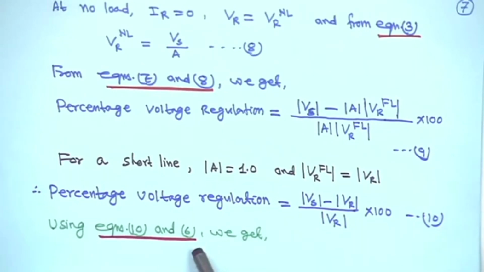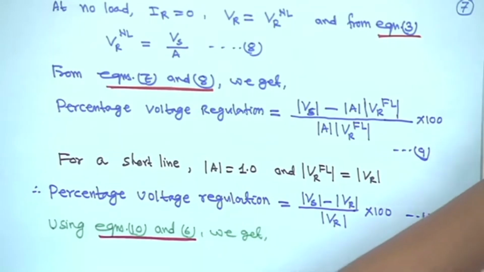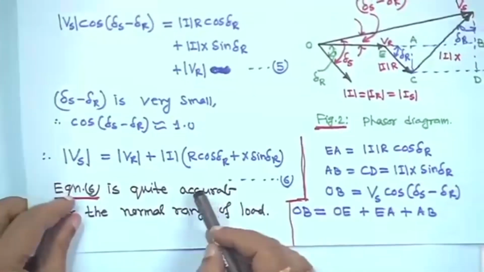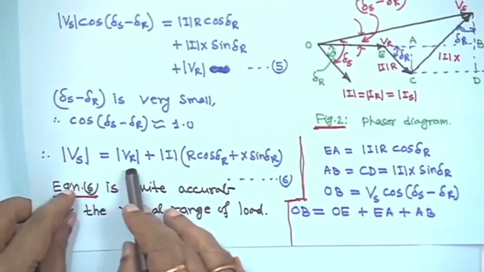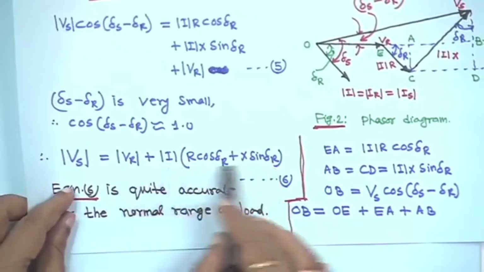Now, using equation 10 and 6, if you go back to equation 6, it is magnitude Vs equal to magnitude VR plus this term.